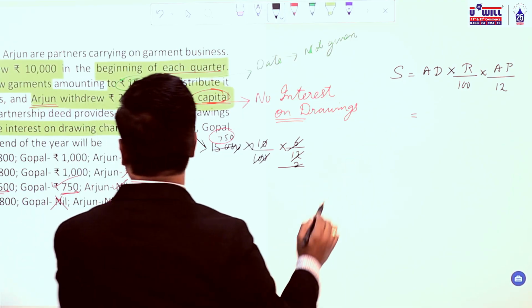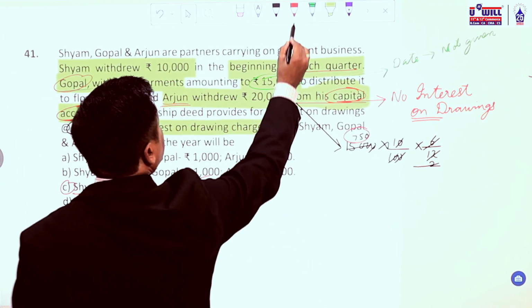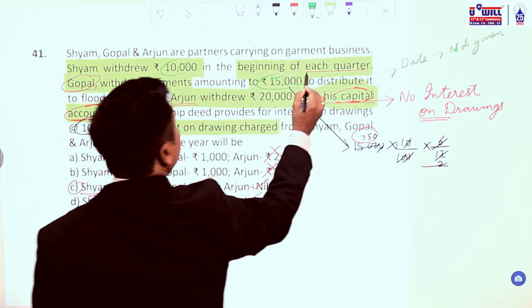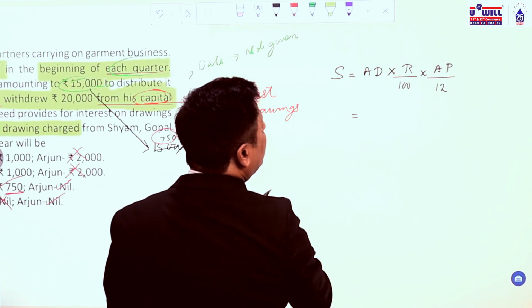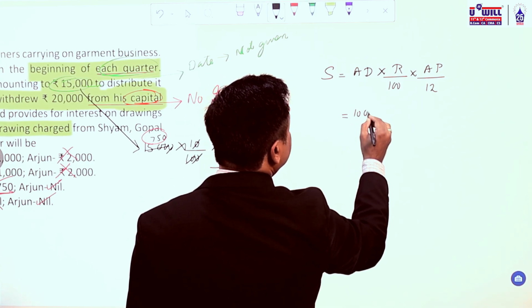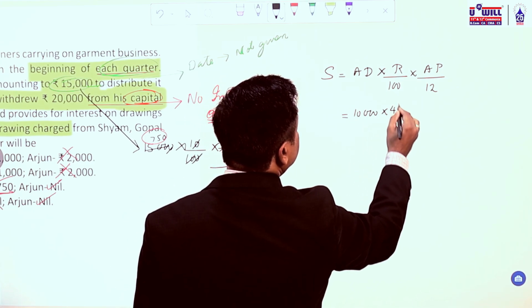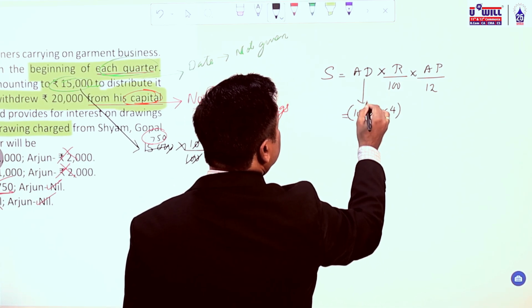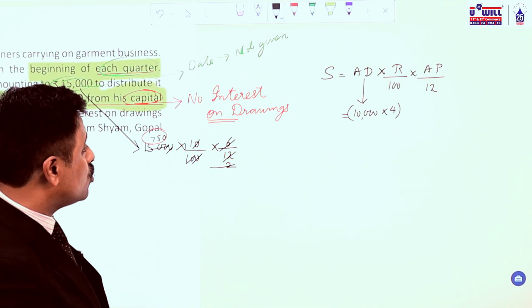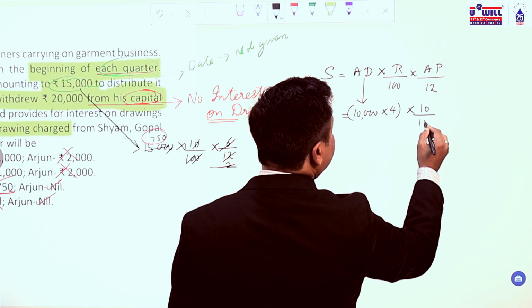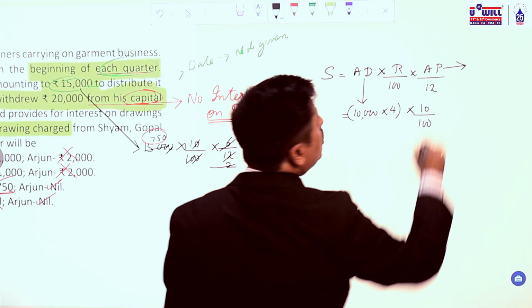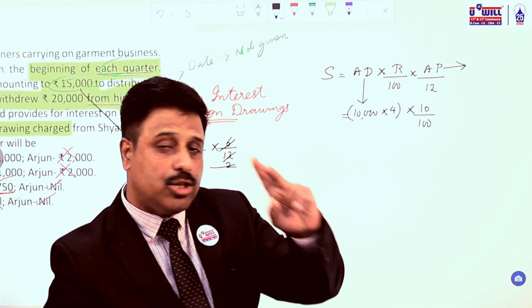He has withdrawn 10,000 in the beginning of each quarter. So 10,000 into 4, the annual drawings will be 40,000. Four times he will withdraw 10,000, at the beginning of each quarter. Rate of interest is 10 upon 100. Now, the first quarter is April, May, June.